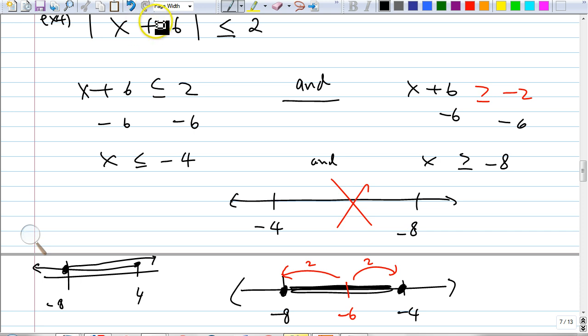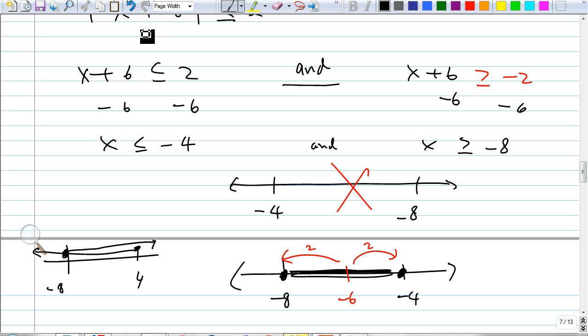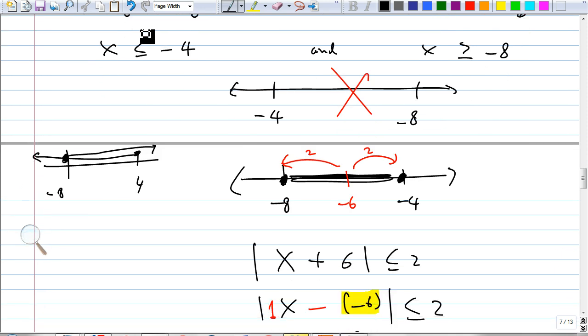So is there a way to rewrite this with a subtraction sign? What does x plus 6 really mean in terms of a subtraction sign? X minus negative 6, right? Therefore, I have 1 in the x, and then minus negative 6. Does this make sense?